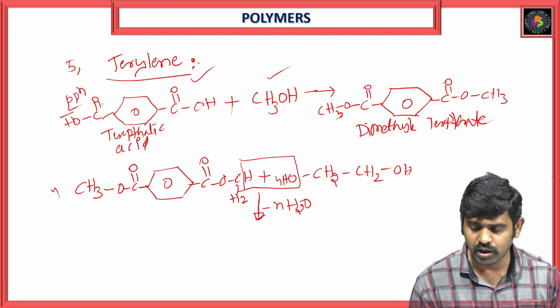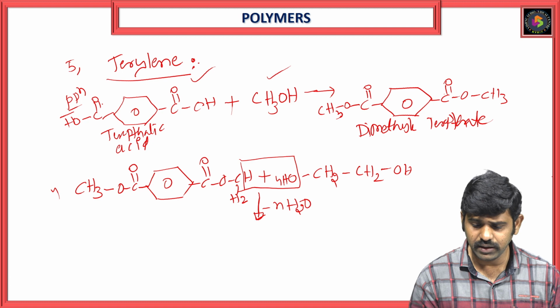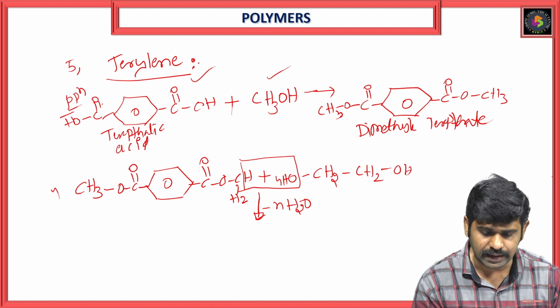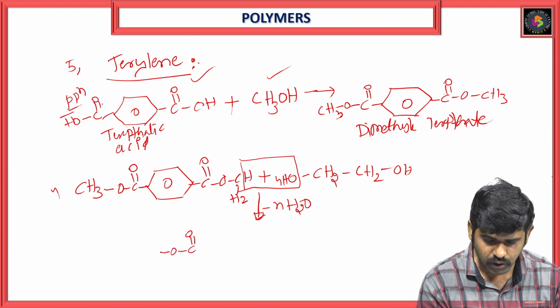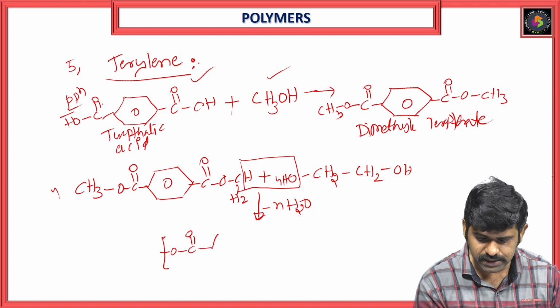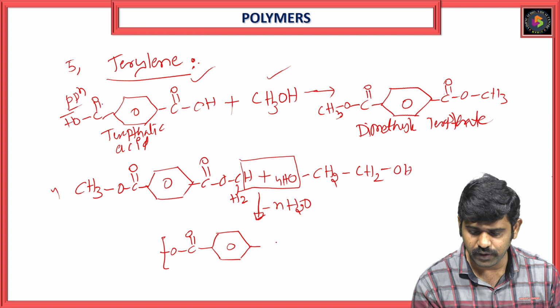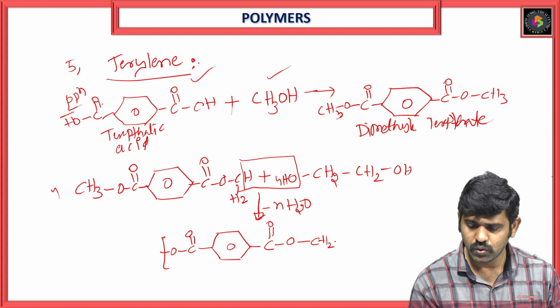Here, loss of water molecule takes place, condensation polymer, right? Loss of water and forms terylene, that is OCO, C6H4, CO, OCH2, CH2 and so on.